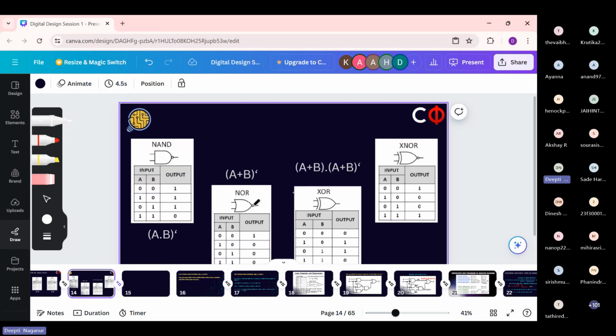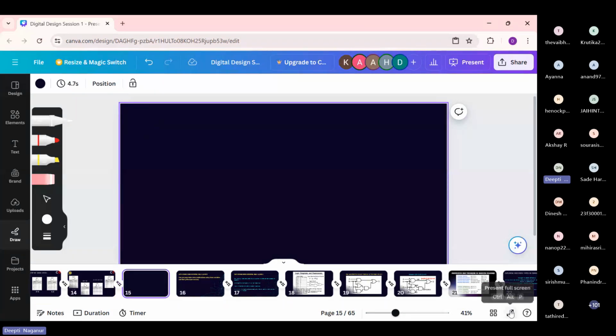So we have (A plus B) dotted with (A plus B prime). Let's simplify this.